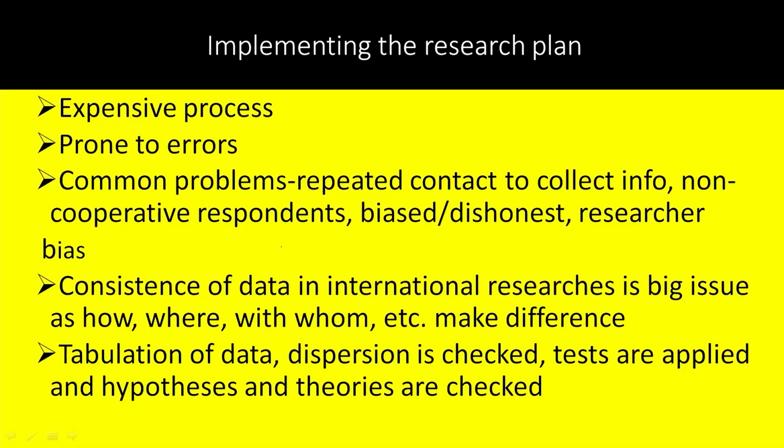So, before implementing the plan, the researcher has to be doubly sure that he has made the plan in the right manner, minimizing the possible errors. Implementing the research plan: the researcher implements his plan and collects the information. It is an expensive process and prone to frequent errors, so it must be done very prudently.